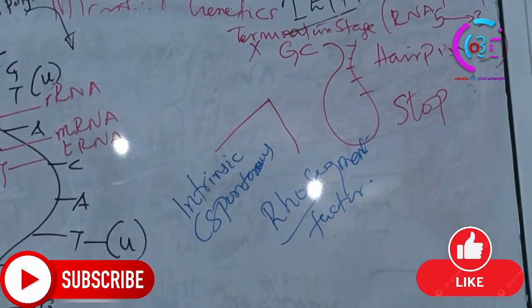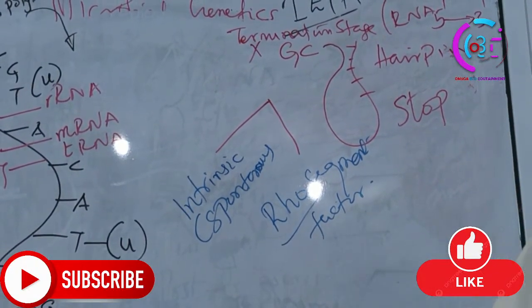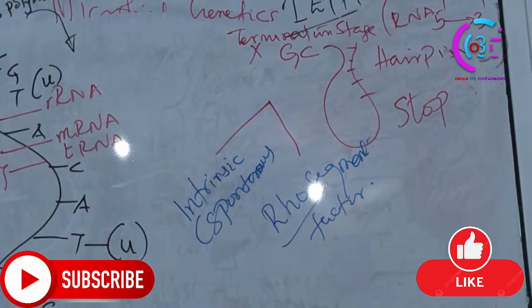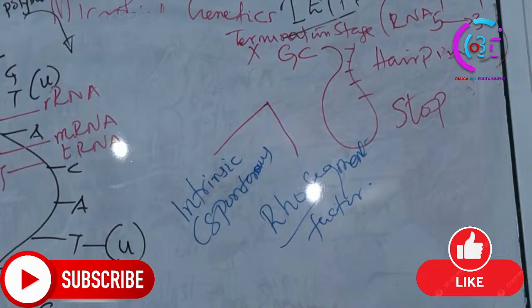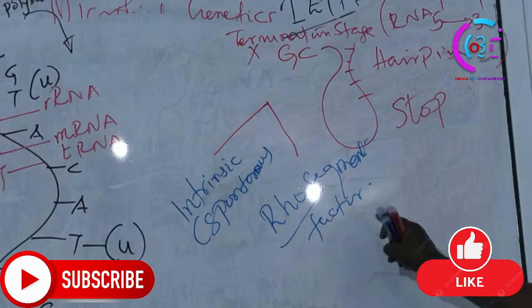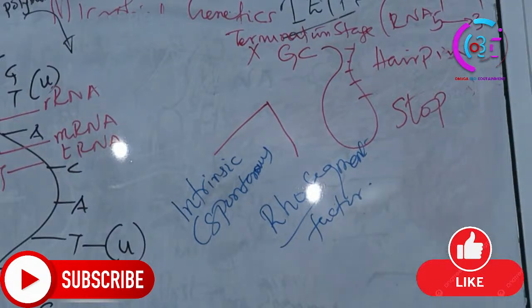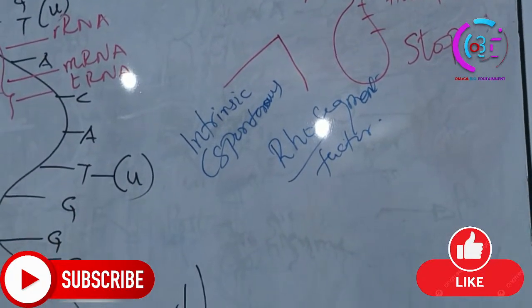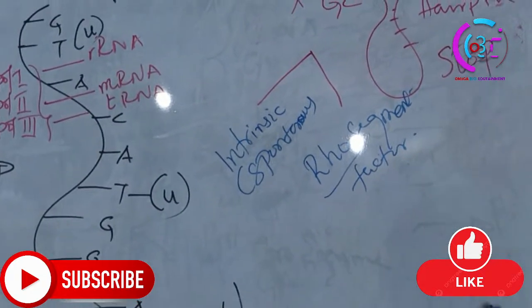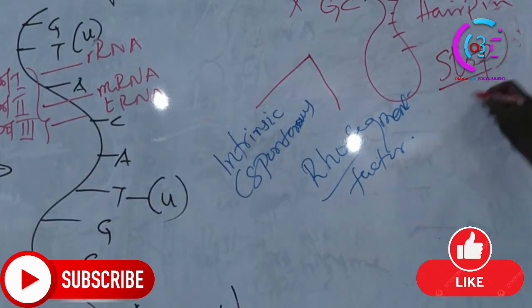Don't forget that I dedicated one video to how we can learn the triplet codons, how we can learn the genetic code. I want you to revisit that video so that you know what the stop codons are and what the start codon is as well.